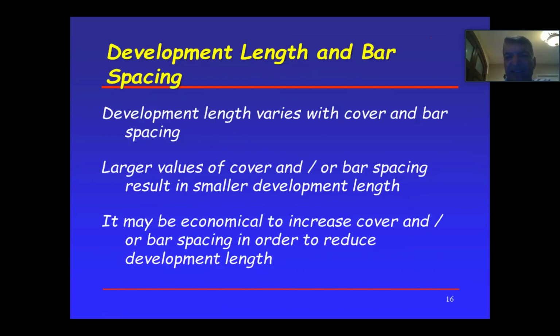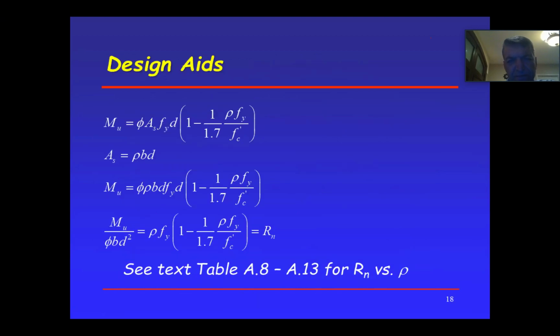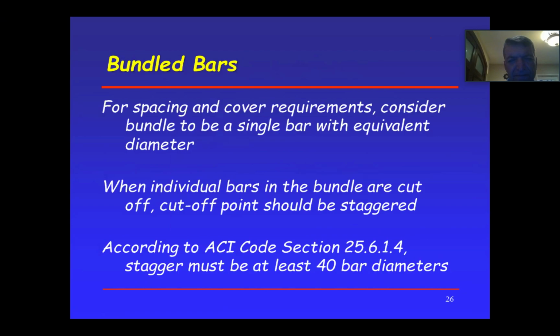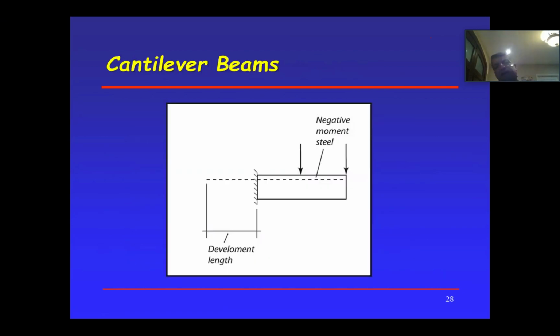Okay, development length. Let me skip and I'll come back to that. No picture of development length. Here you go. So what's the development length? Look at this picture here. Let's say this is a balcony. The balcony usually sticks out of a building, and there are no columns or walls underneath.